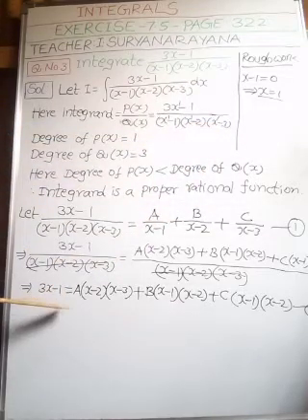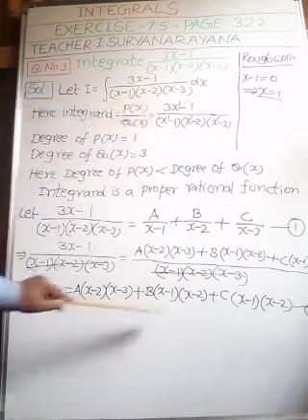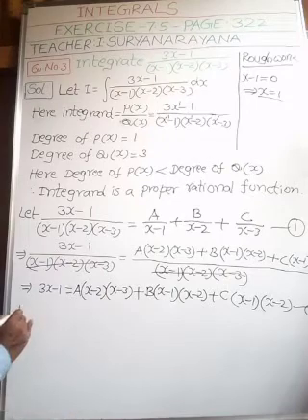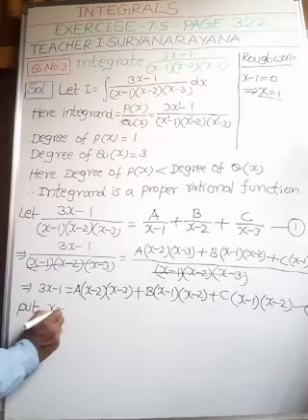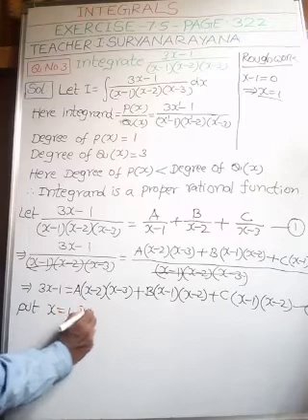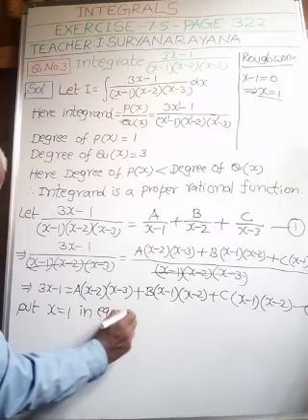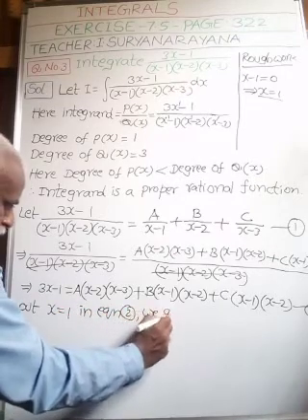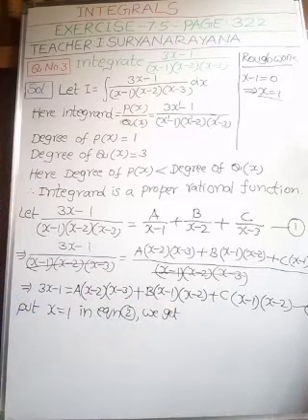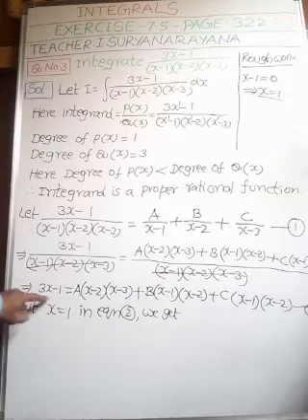So we have to substitute x is equal to 1 in this equation 2. Put x is equal to 1 in equation 2. In this equation, we are substituting x is equal to 1.